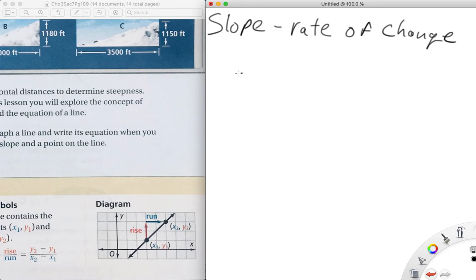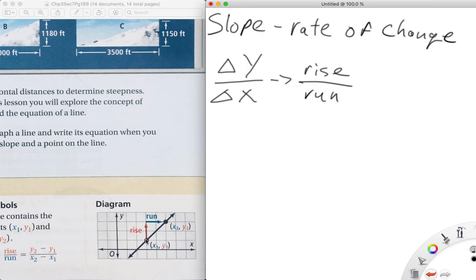In this case, we're comparing by division the change of the y, and I'm putting a triangle for change, over the change of x. So the y would be the rise, the x would be the run. And a slope just deciphers what changes as you go up or down, what changes as you go left or right. That is our slope.